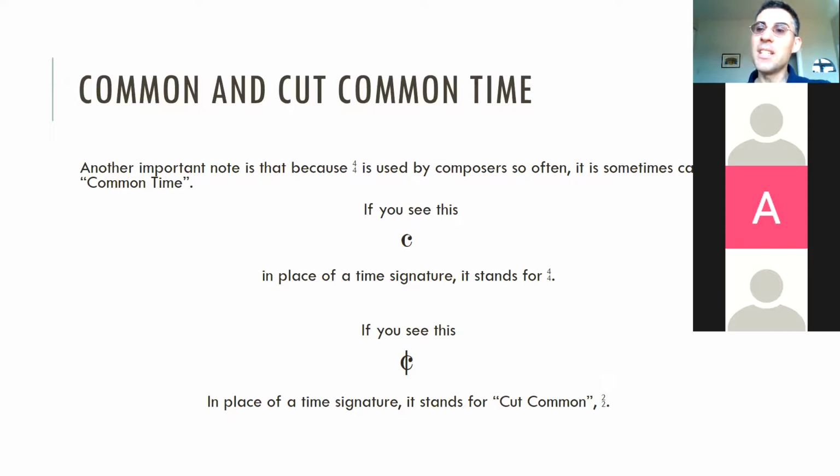So if you see a C at the beginning of the piece instead of a time signature, it stands for 4/4, common time. If you see a C with a line through it, that's called cut common, which is the same as 2/2. Those are 2 abbreviations that are used fairly frequently, and you might have already come across them. They're on the screen at the moment, so you can see what they look like.